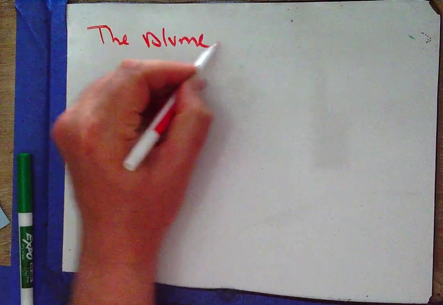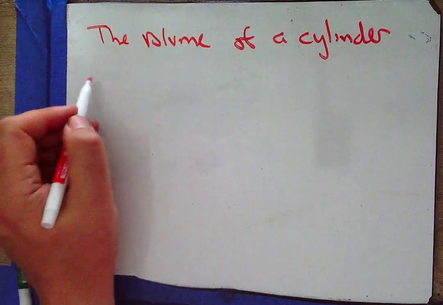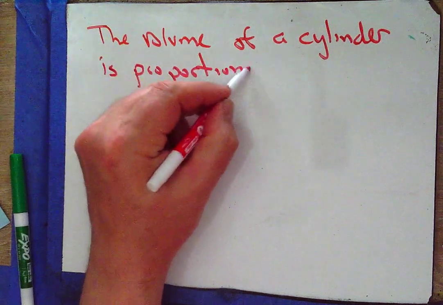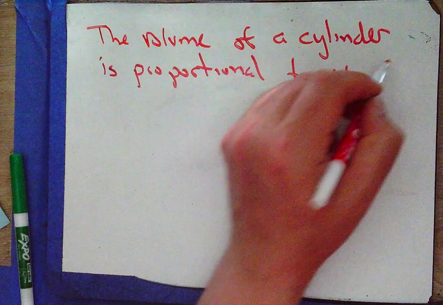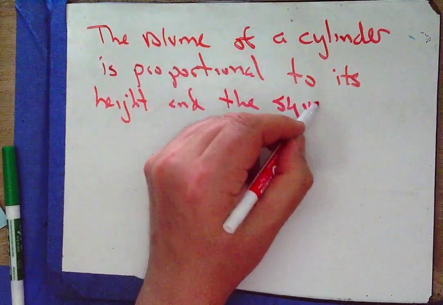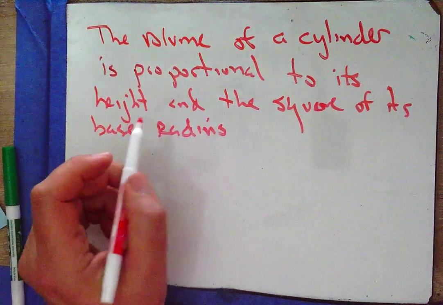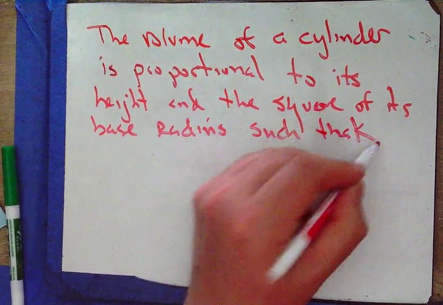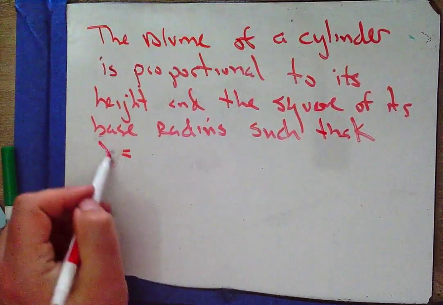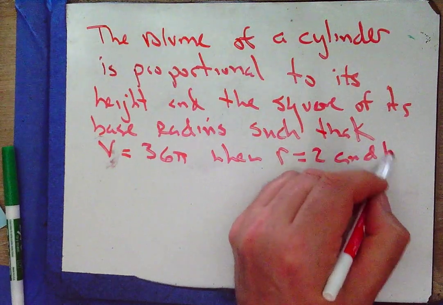So if I have the volume of a cylinder is proportional to its height and the square of its base radius, such that V equals 36 pi when r equals 2 and h equals 9.